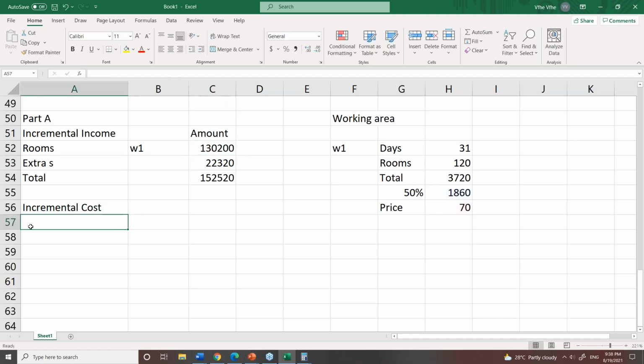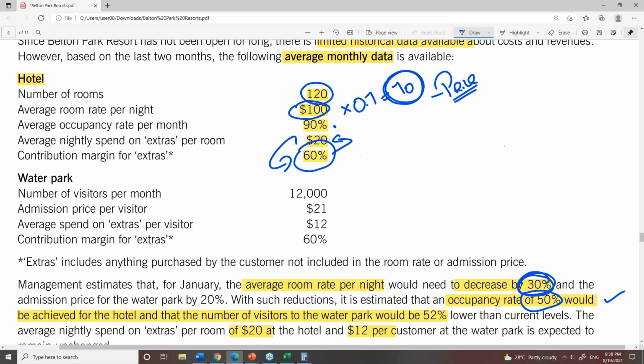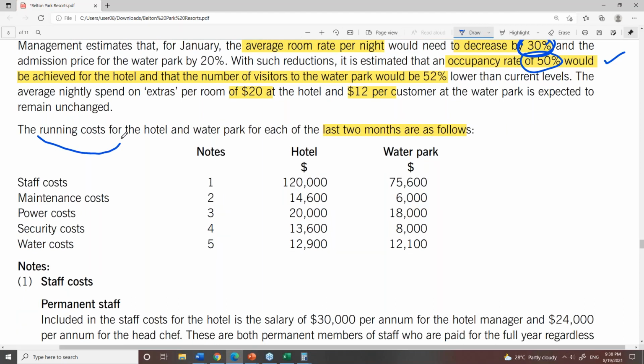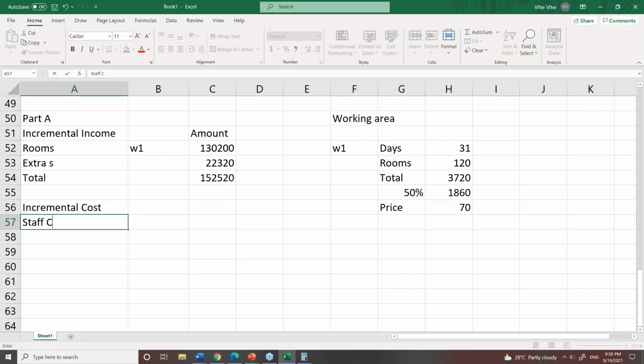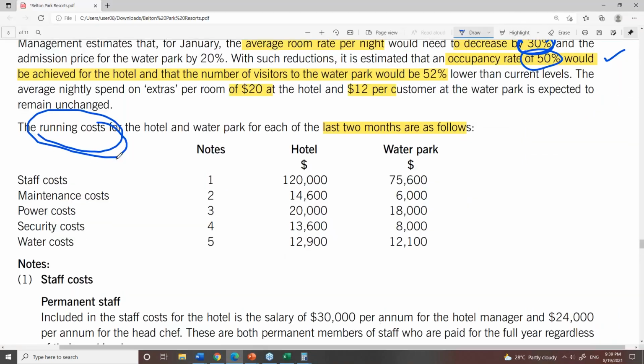Okay, so incremental cost. Let's see what we have here. First, it says the running cost. This is running cost. Okay, so that's staff cost first. So let's read. Permanent staff.